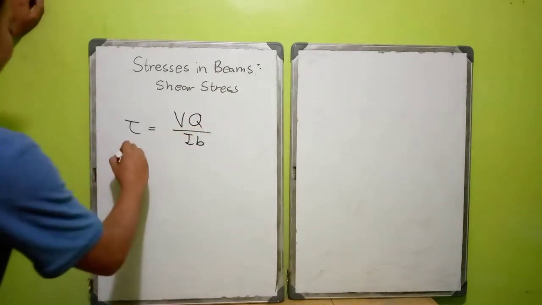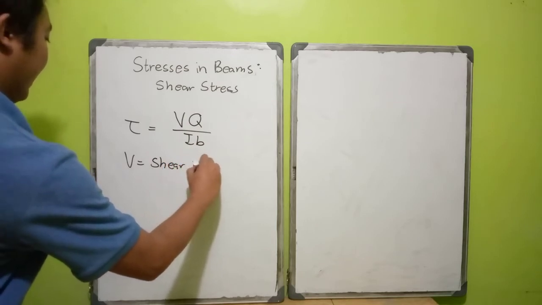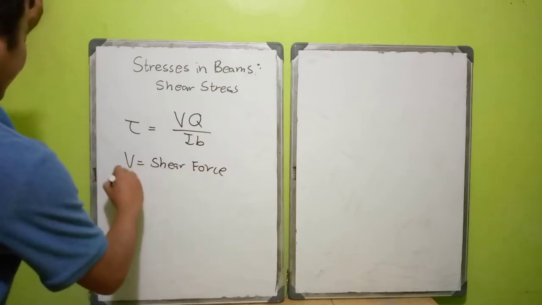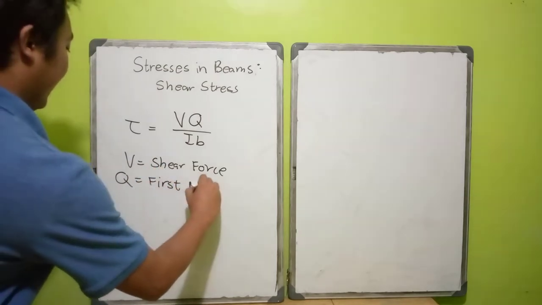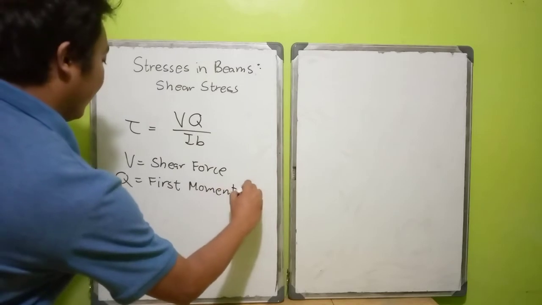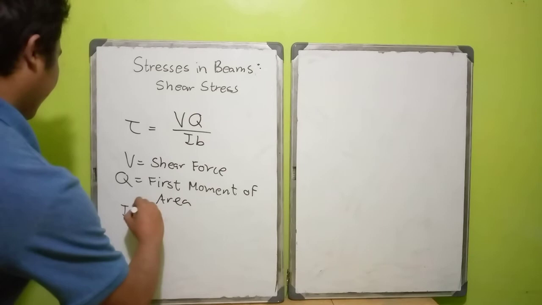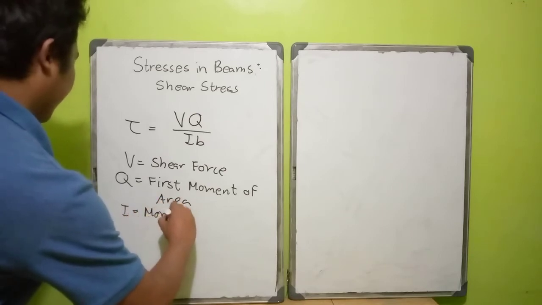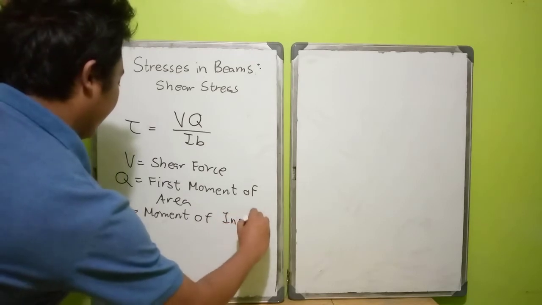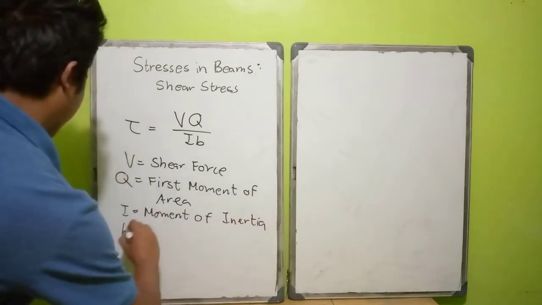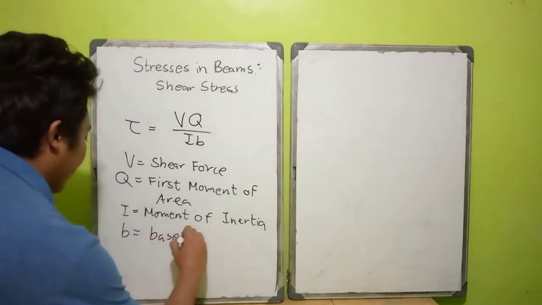So here, V is your shear force, Q is your first moment of area, I is your moment of inertia, and B is your base width.